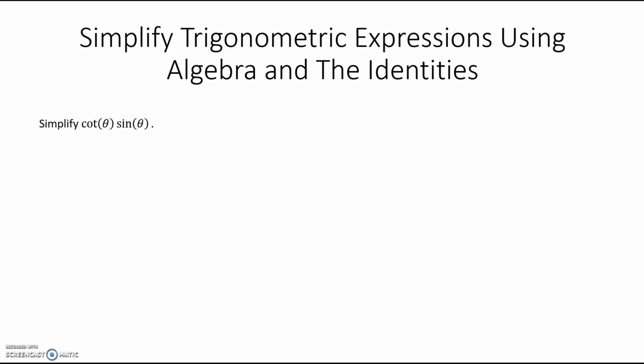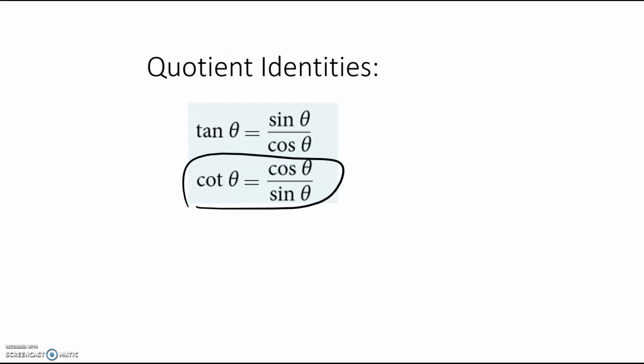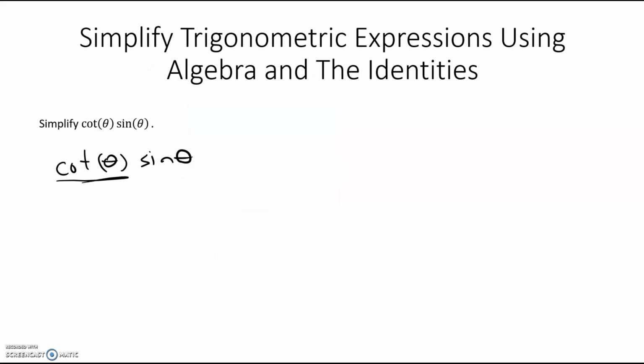Okay, so cotangent of theta and sine of theta. I'm going to take both of these, just write them down, and then I'll look at cotangent, and I know that I can write it as cosine over sine because of the quotient identity right here. So I'm going to replace cotangent with cosine of theta over sine of theta times sine of theta over 1.